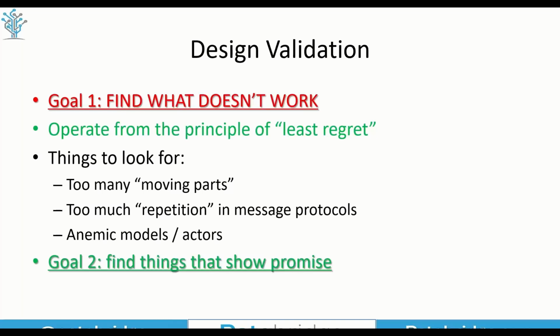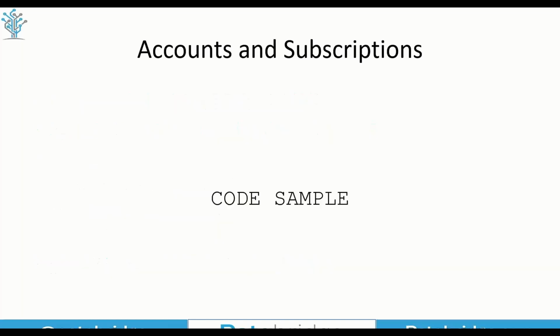We came up with a very good design for being able to do that as part of this. So it's not just finding things that don't work. You want to find things that maybe aren't perfect yet, but it looks like you're headed in the right direction. And the goal is, let's do this as cheaply as possible in the shortest amount of time. And that's what actors are really good at helping us do. So let's dive into some code and see where things went.